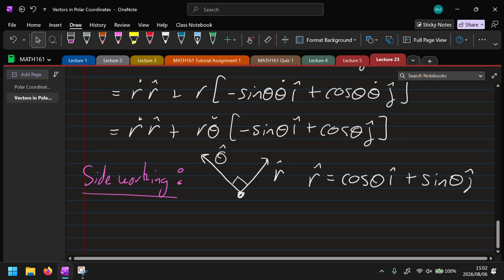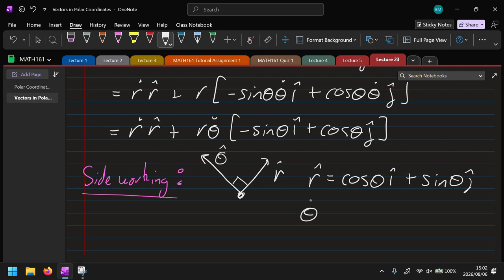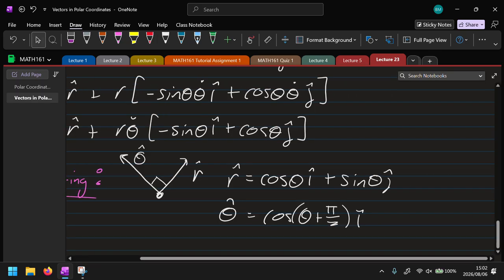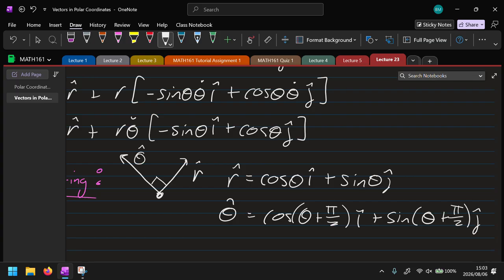Okay. So let's take r hat and increase the angle by 90. So theta hat will be cos of theta plus 90, and sine of theta plus 90. Okay, because we have r hat, we rotate by 90, that must give us theta hat.